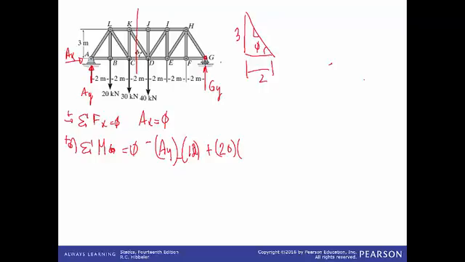It was 12 here, not 10, because here then it's 10 plus 30 times 8 plus 40 times 6. And then this equals 0, so AY equals 56.7 kilonewtons. Okay, so now we have AX, AY, and we could solve for GY as well if we wanted to, but we're just going to use the left hand side.